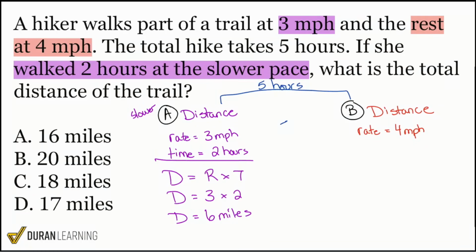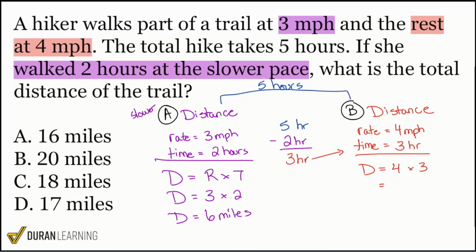If I do 5 hours minus the 2 hours from part A, I will receive 3 hours, and that's for part B. It takes just 5 seconds to look at that and figure it out. And once we do, we are home free, because now I can find the distance for the second part. We have rate times time, which is 4 times 3, that's going to be 12 miles in this case.